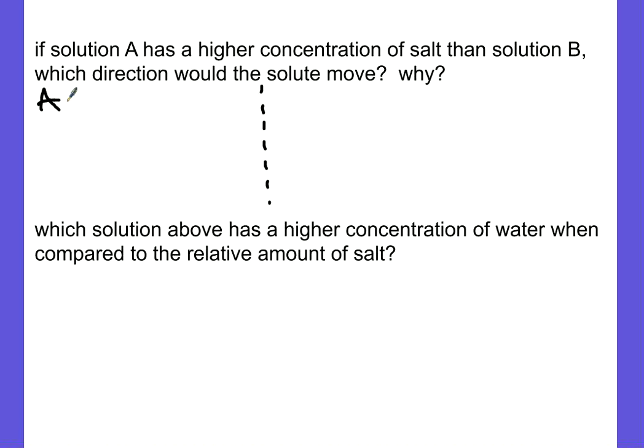I have solution A and I have solution B separated by a semi-permeable membrane. It says solution A has a higher concentration of salt than solution B. So salt is made of sodium and chloride ions. So I have lots of ions floating around on this side because it's got a high concentration.